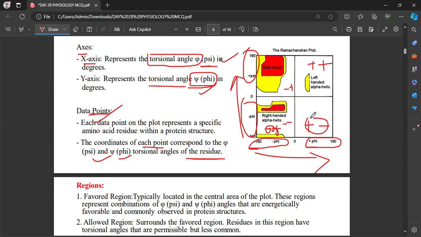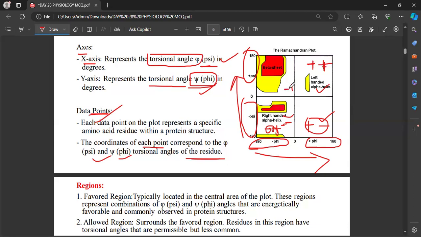There will be no protein residues present here. If it is present in the minus area, then we should know that a right-handed alpha helix structure is present in this protein. If it is present in the plus area, definitely that will be the left-handed alpha helix.